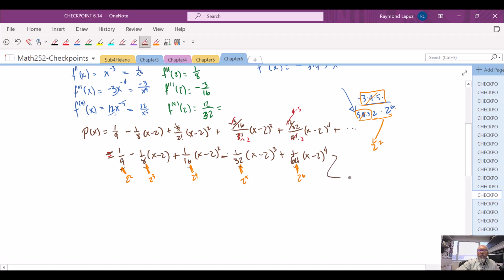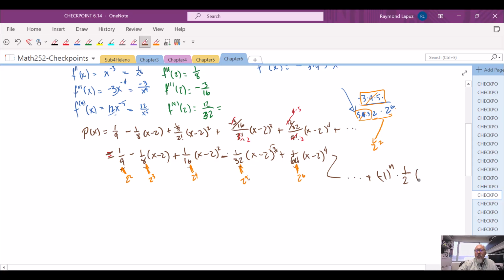So I'll put a dot dot dot plus, and then it looks like we're guessing a negative 1 to the nth power, or maybe it's going to be n minus 1 or n plus 1. But we have 1 over. So in our 0th term, we start off with 2. In our 3rd term, we have 2 to the 5th in the denominator. So it looks like whatever term we're at, we are increasing by 2. The power of 2 is going to be 2 more than the power of the polynomial.